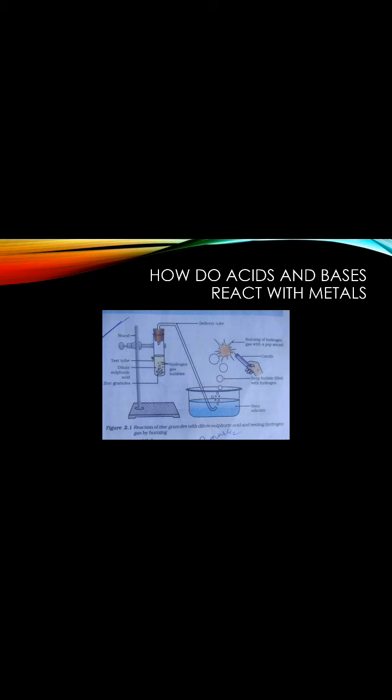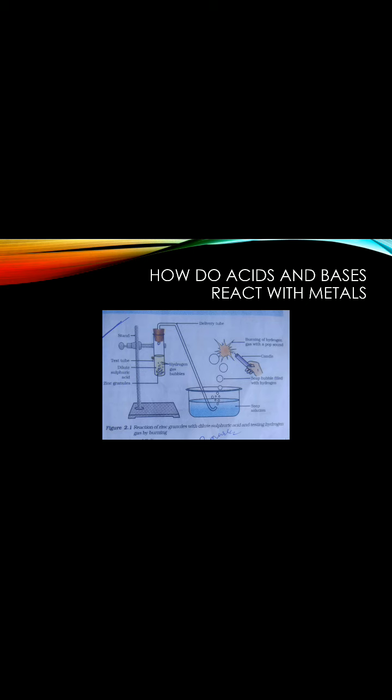metals. Okay, so the test tube which is connected to the stand contains dilute sulfuric acid and zinc granules. When they undergo a chemical reaction, that produces hydrogen gas, which escapes out through the bent tube into the soap solution contained in the glass trough.